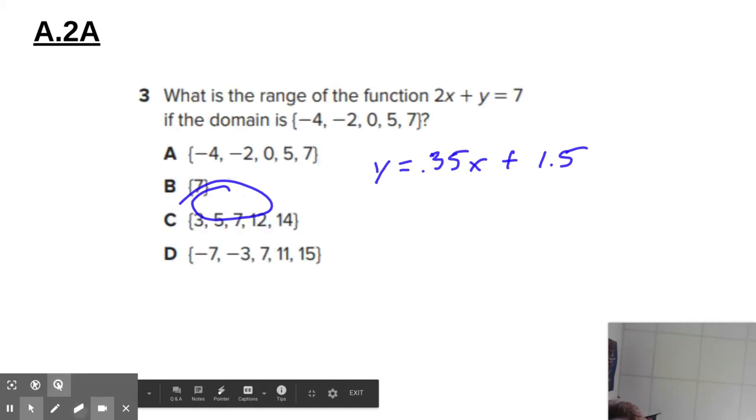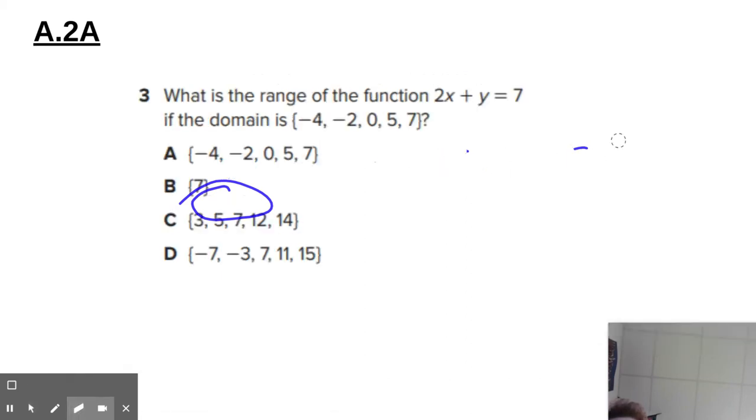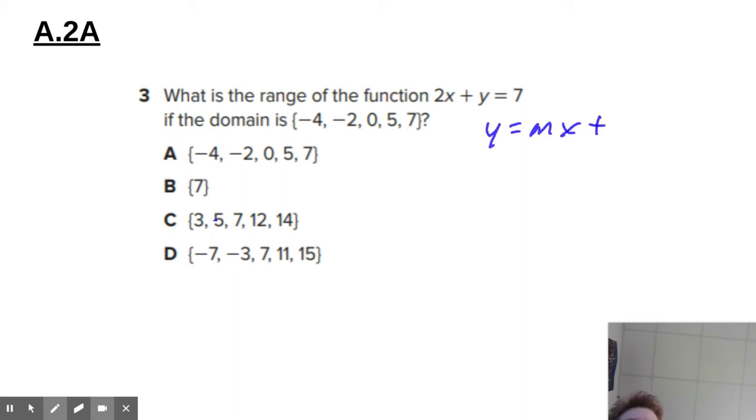Let's look at the next one. This one says, what is the range of the function 2x plus y equals 7? So they're telling us the domain. Here is our equation, and I'm going to put this into y equals mx plus b format. So everything looks great. We have y equals, we have the 7. I'm going to put the 7 there. That's our y-intercept.